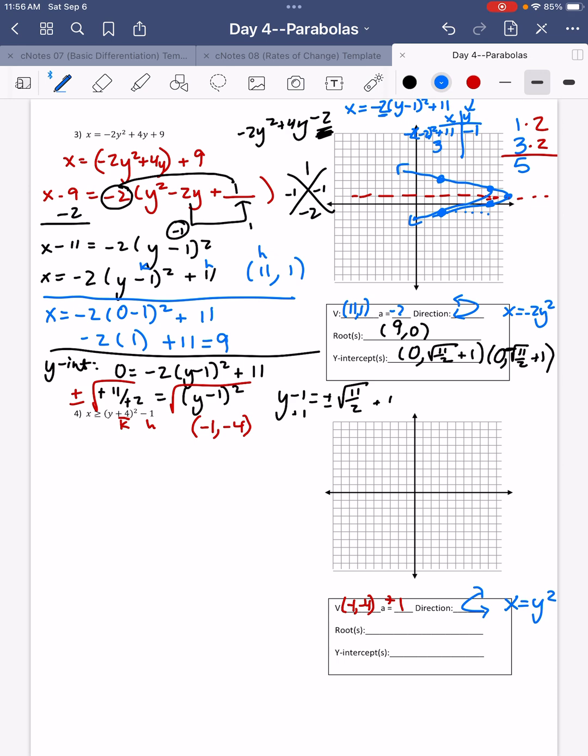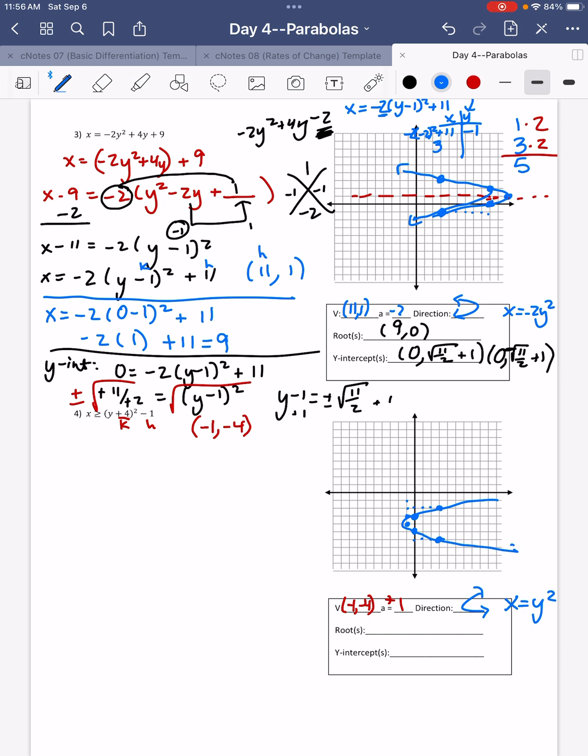So if I want to sketch this, negative 1, 1, 2, 3, 4 is my point, and I'm going to use the a value, or use that 1, 3, 5 pattern. So I'm going up 1, 1, 2, 3 now, down 1, 1, 2, 3, and I get those 5 points.